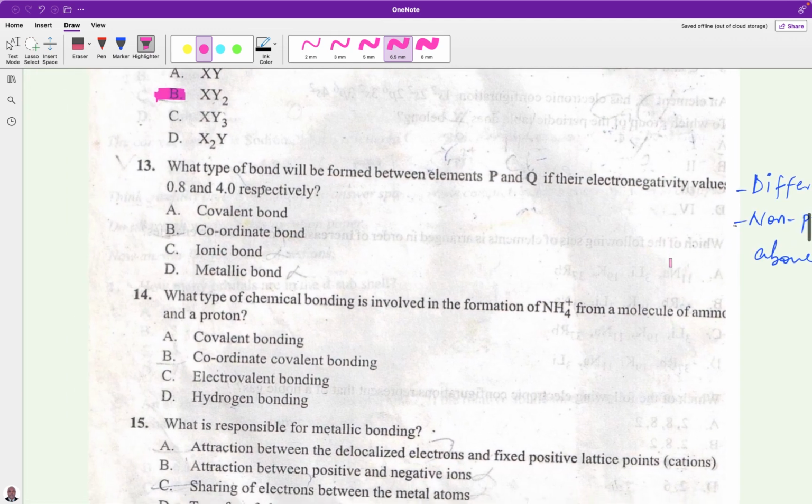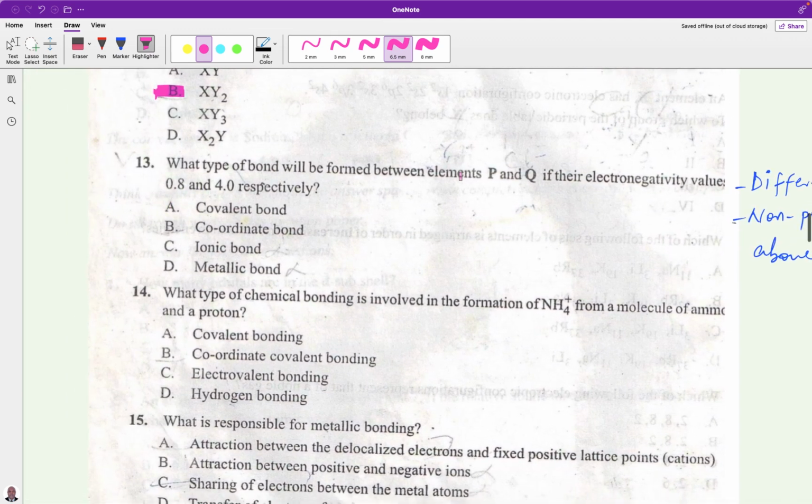So the bond that will be formed between P and Q here would be a covalent bond. So our answer here is A.